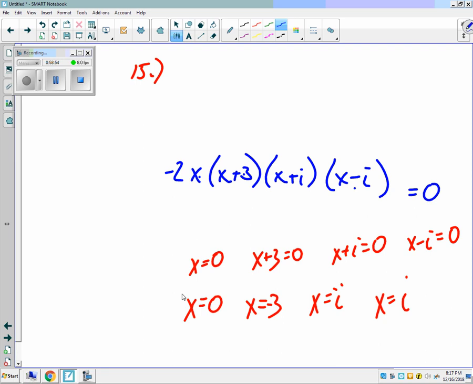Having a coefficient in front isn't what makes it 1. The fact that x could equal 0 could make it so that it is a 0. Yes. All right.